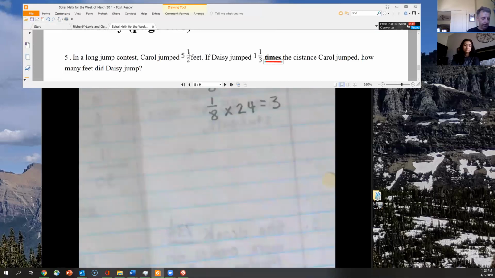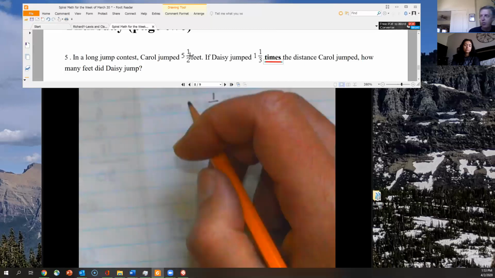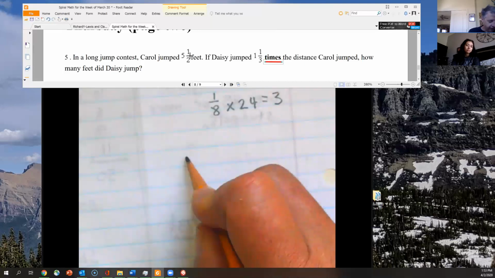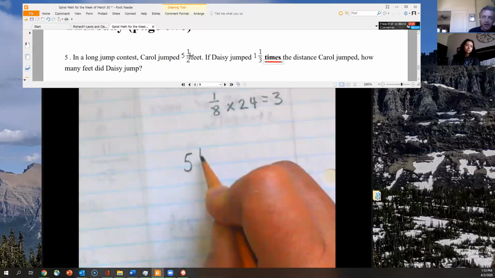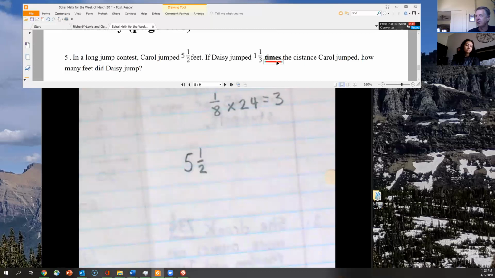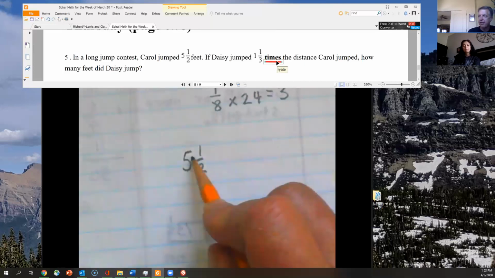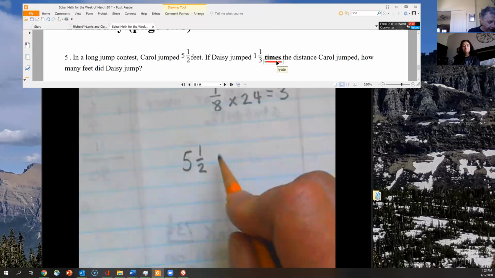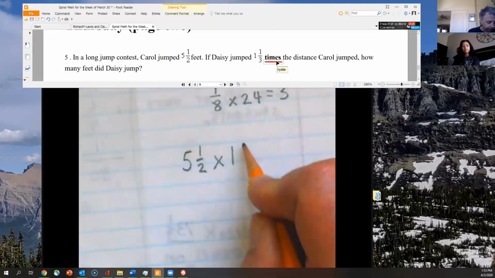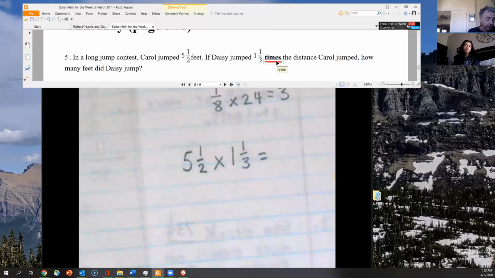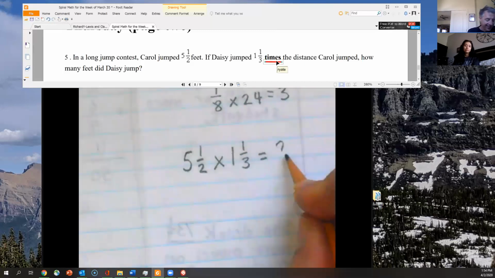I would first take a look at Carol's distance, which is 5 1/2 feet. And since I saw that word times in there, that clue tells me I'm not going to be adding or subtracting, I'm going to be multiplying. So I'm going to take the 5 1/2 and multiply it 1 1/3 times. And by doing that, I'm going to get my answer.